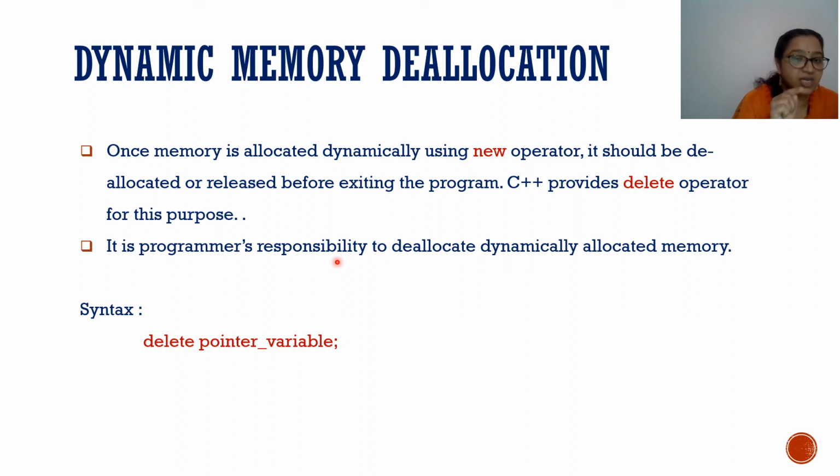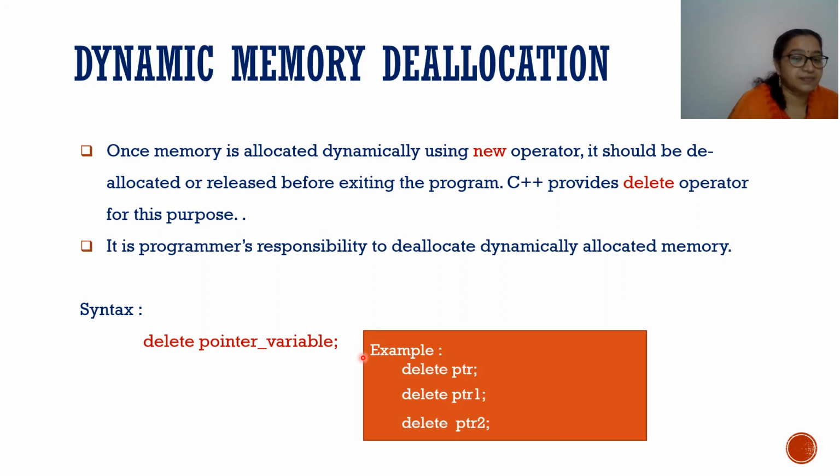But if you are using dynamic memory allocation, the programmer can provide a statement for deletion. So what is the syntax? Delete is the operator, then a space, then the pointer variable, and put a semicolon there. So this is the way of deleting the cell created by using the new operator.